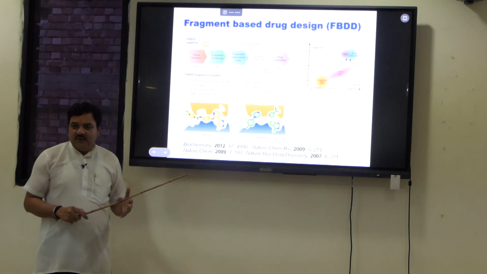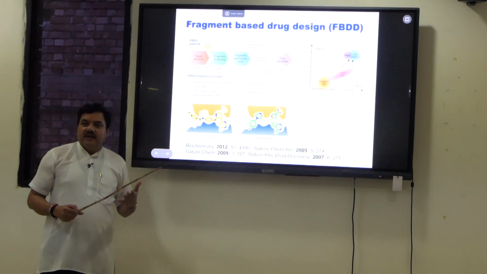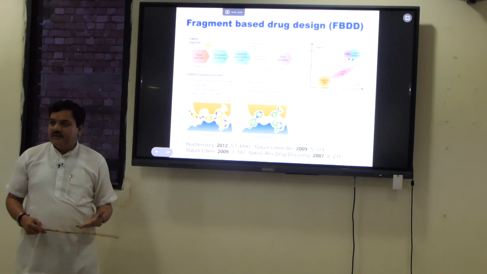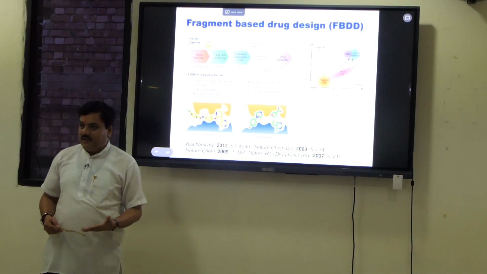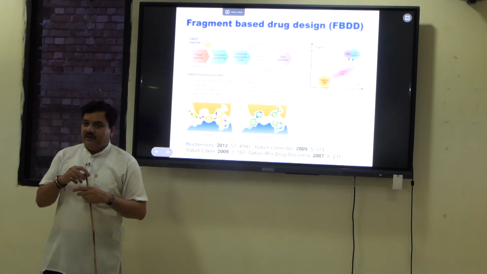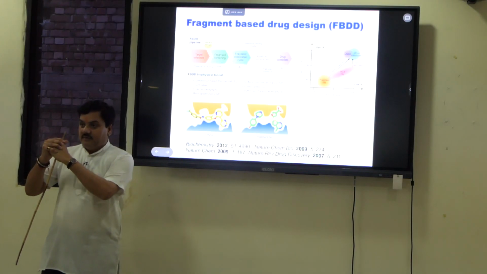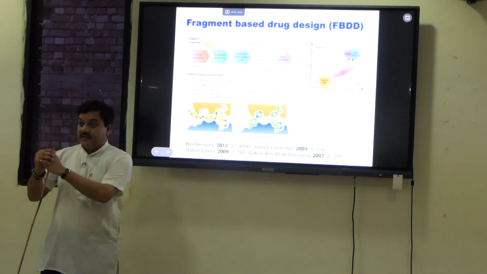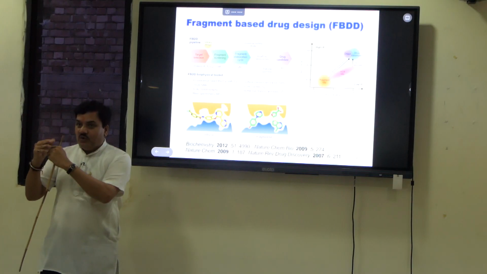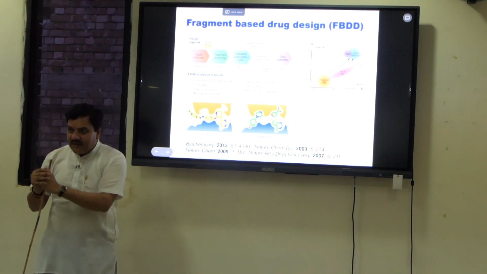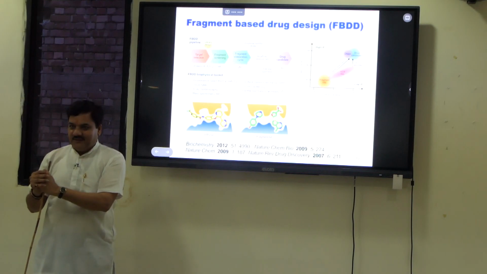It's weakly bound, so the activity would be at the micromolar or millimolar level. If the molecule fits very well into the binding pocket, that means the non-covalent molecular interactions are very strong, and so the activity would be in the nanomolar range. The stronger the binding, the better the activity, isn't it?